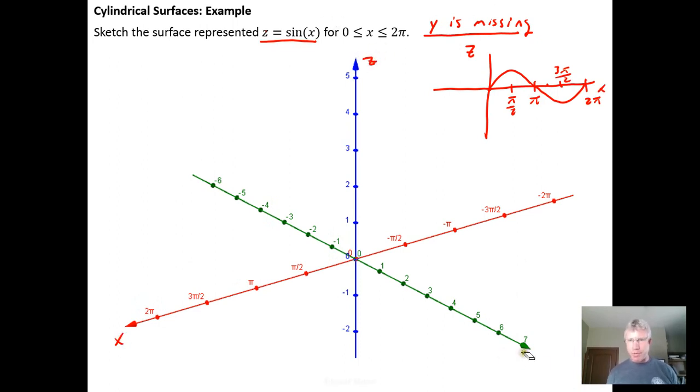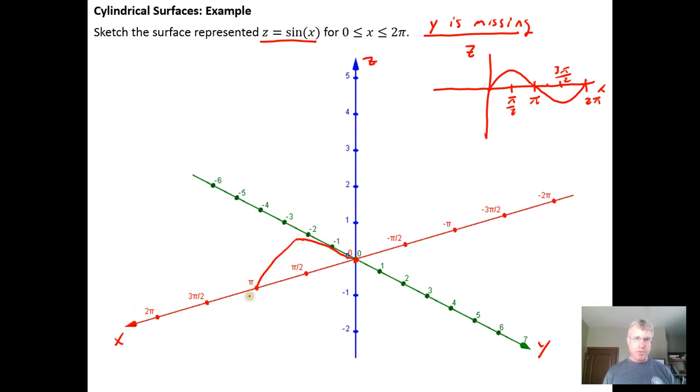So step one would be to draw, to the best of your ability, in the xz plane the sine function on the interval from 0 to 2 pi. I would start at the origin, go up to my highest point at pi over 2, and then drop down to 0 at pi.